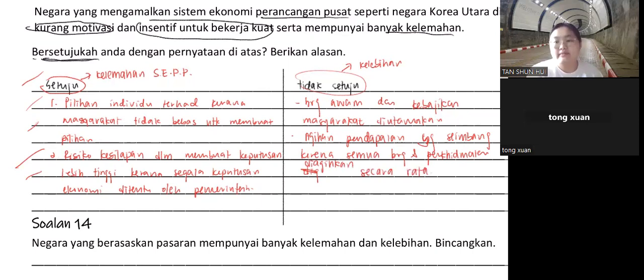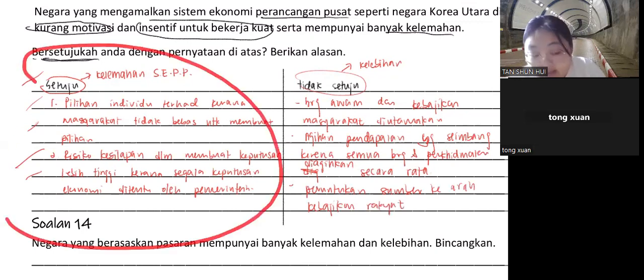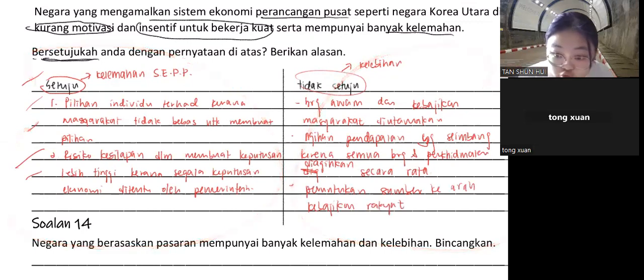Secara rata. And one more, you can also say what? Peruntukan sumber ke arah kebajikan. They care of the benefit. Right, yeah. And there's no right, no wrong one. You can setuju, you can tidak setuju. It doesn't matter, right?